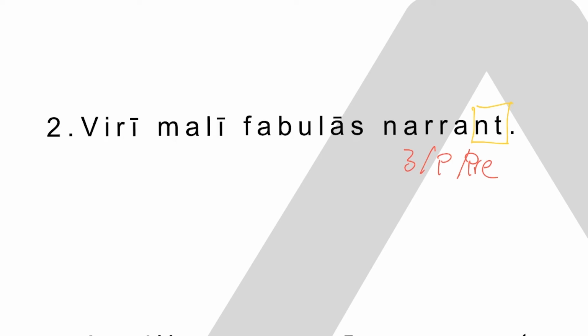And then we're going to parse our nouns and adjectives. Here we have a noun, adjective, noun. We see all those endings. We should be able to parse those. Viri, once again, could be genitive singular, but because of this third person plural verb, we're going to go with masculine plural nominative.